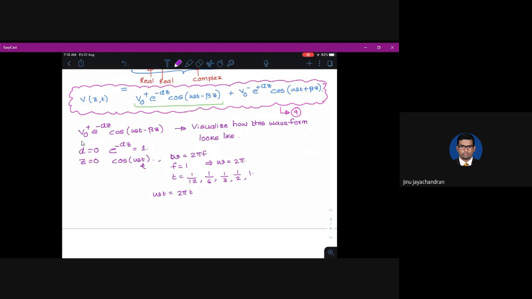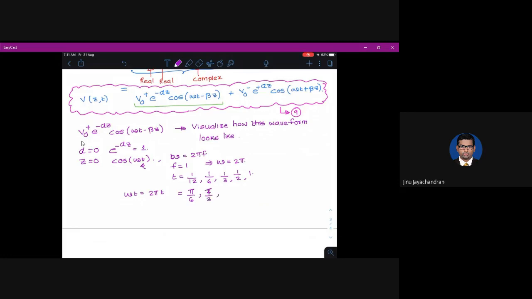This has values. So let me write in below the t values. When t equal to 1 by 12, it has value pi by 6. When t equal to 1 by 6, it has value pi by 3.